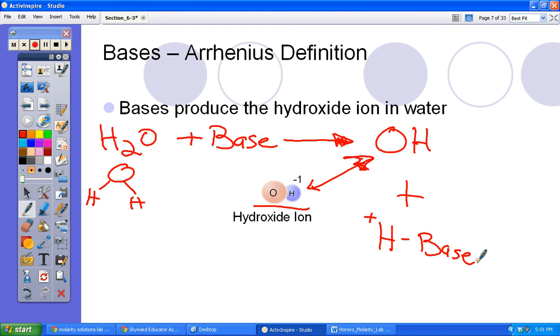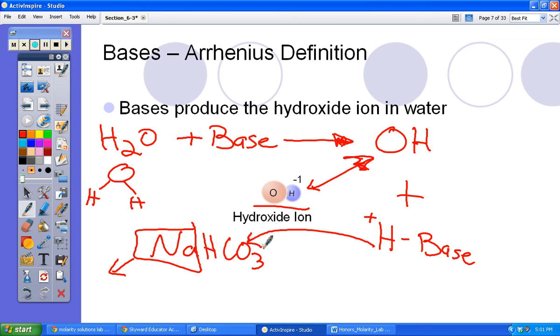So an example of a base would be sodium bicarbonate, NaHCO3. What happens is this sodium leaves, this hydrogen attaches to this, then we end up having H2CO3.